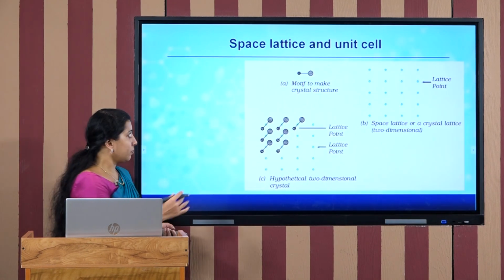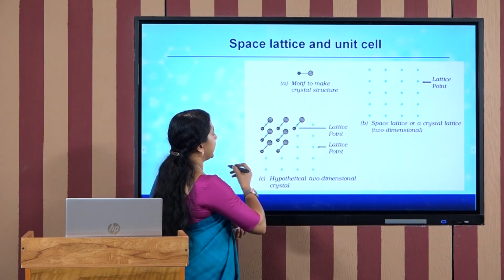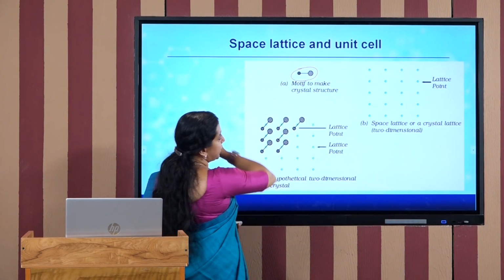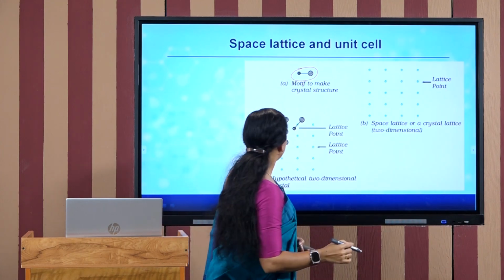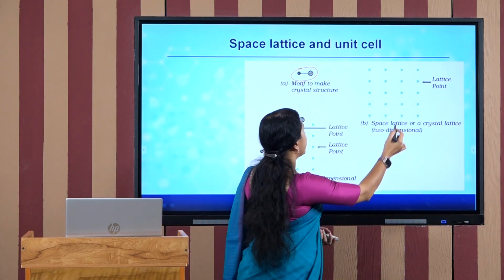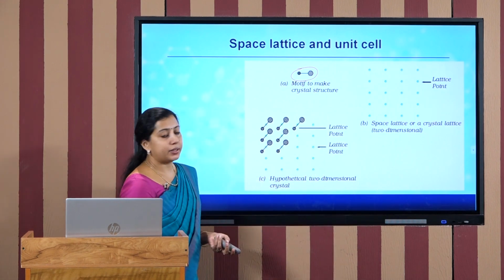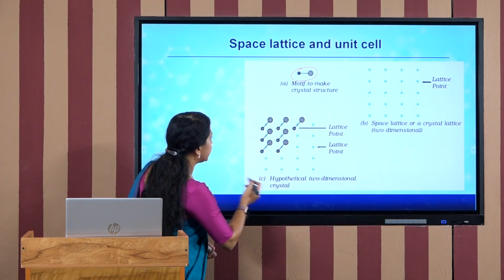Now, on the figure you can see, on figure A it is a motif or a structural unit. On figure B you can see the lattice points, and as I mentioned earlier, when each of the motifs occupies each of the lattice points, as you can see in figure C. Okay.